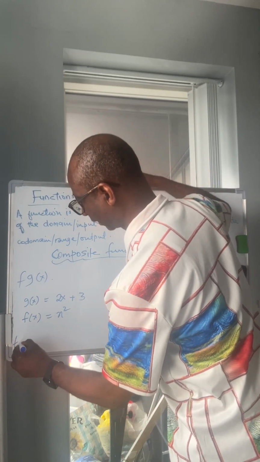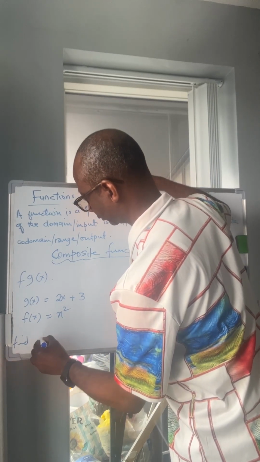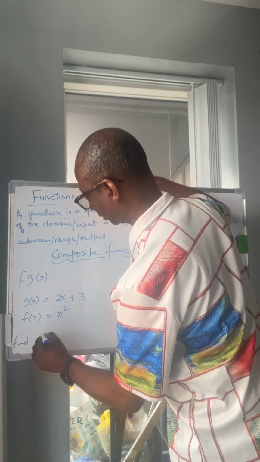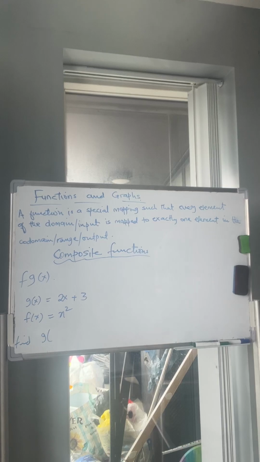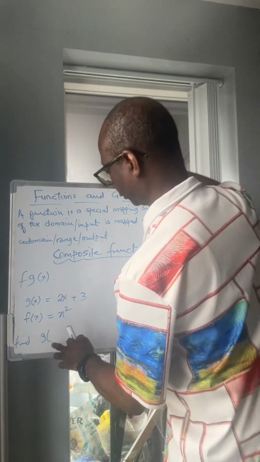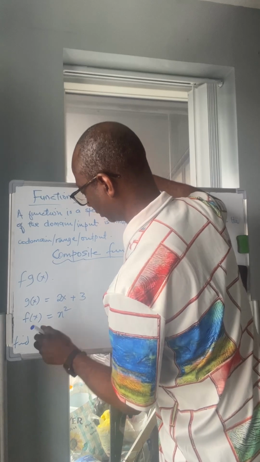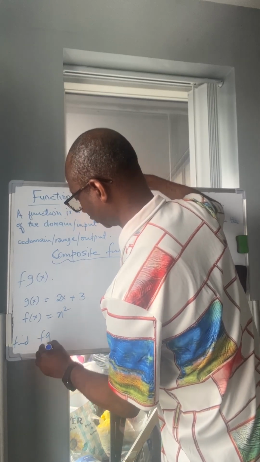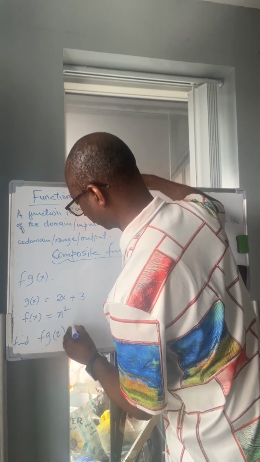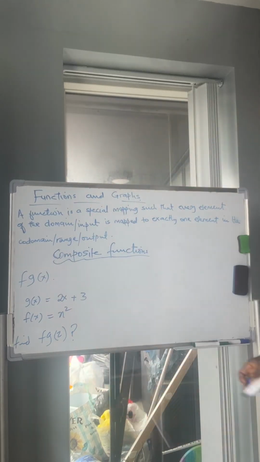Then you're asked to find fg of 2. You have to find fg of 2. This is a composite function.